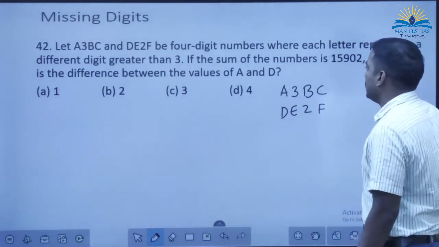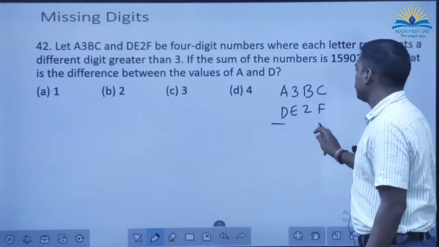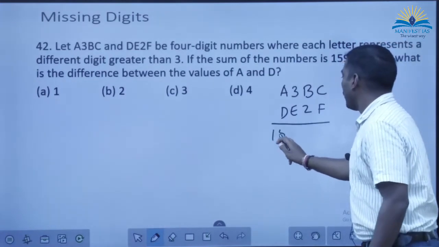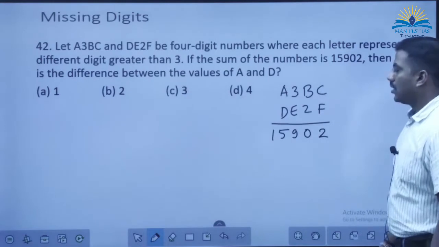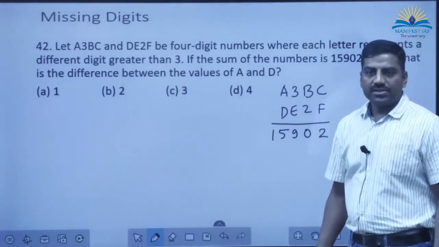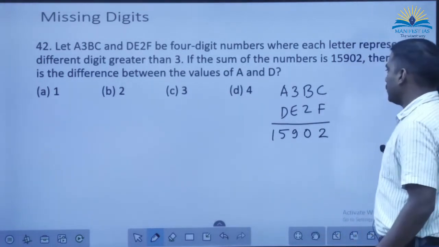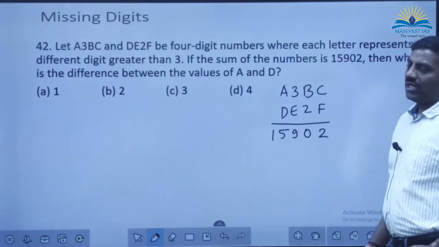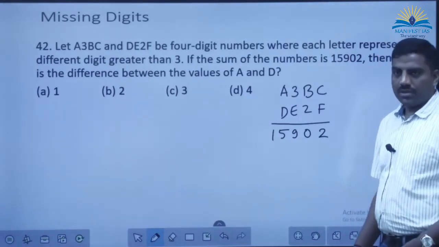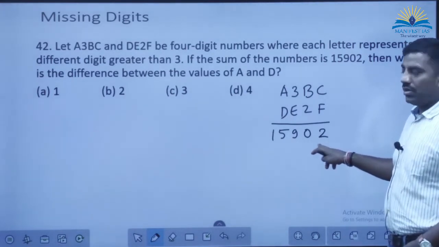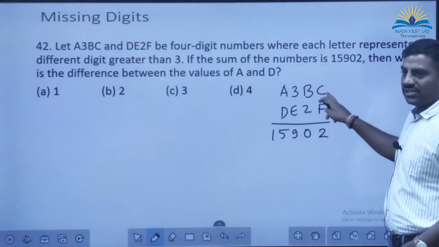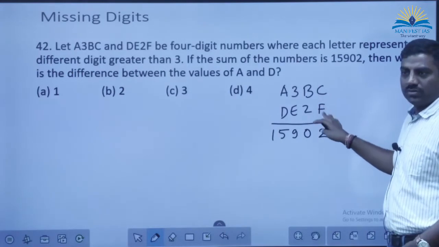Okay. And the sum is 1, 5, 9, 0, 2. All the numbers are more than 3. If you want to get the value of 2 here, it should be 1, 1 or 0, 2 or 2, 0.